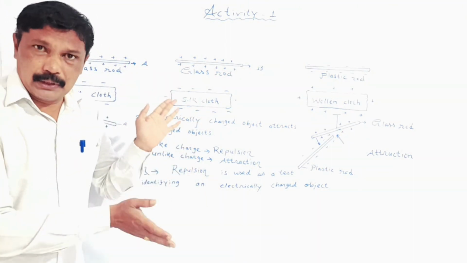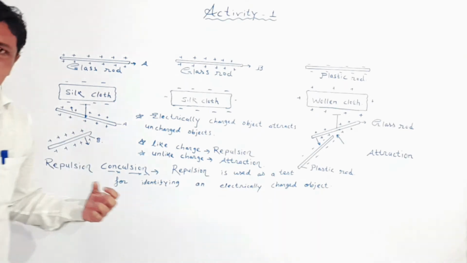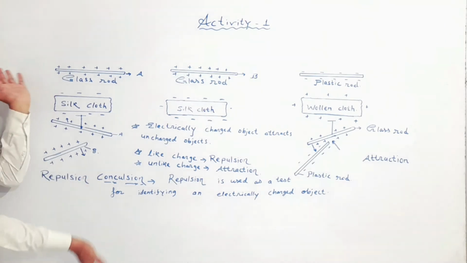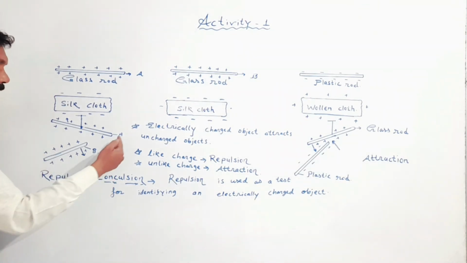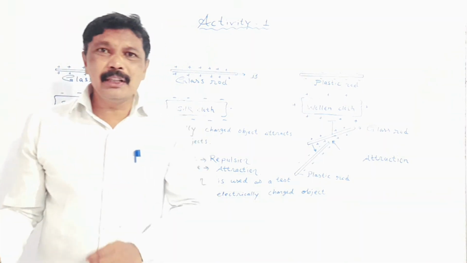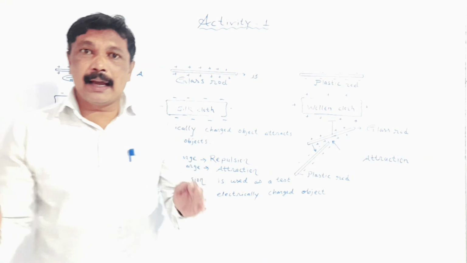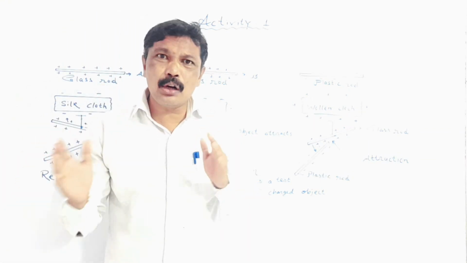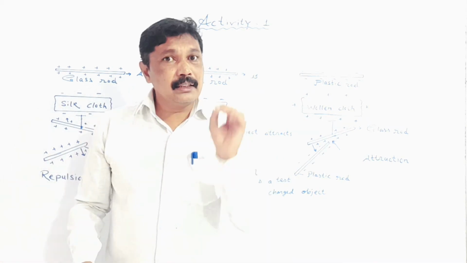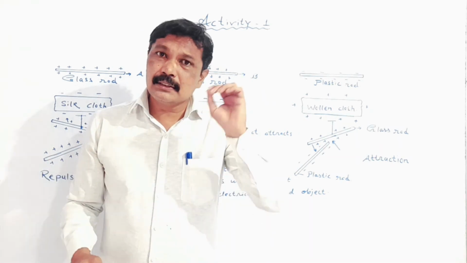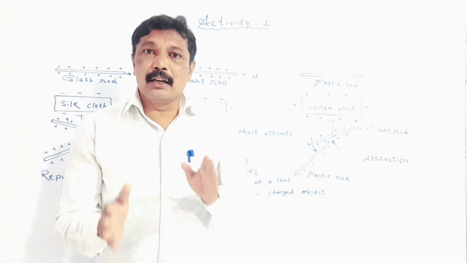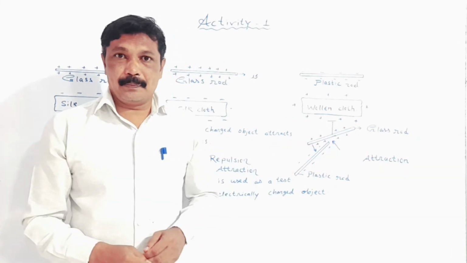Means there is repulsion. From this experiment, we can say that there is repulsion between glass rod A and glass rod B. My dear student, from this experiment, we can say that when two charged objects are brought close to each other, and if these charged objects have the same charge upon them, then the objects will try to move away from each other.